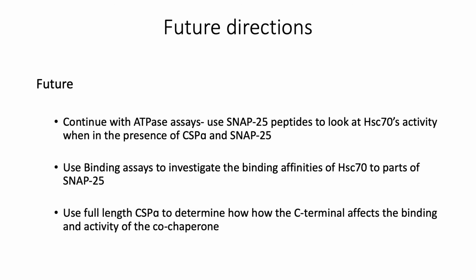I would also want to do binding assays to look at the binding affinities and not just the activity between HSC70 and parts of SNAP25. Right now, I'm working with the J domain of CSP alpha, but it would be great to look at the full protein and how the C-terminal might affect its binding and activity.